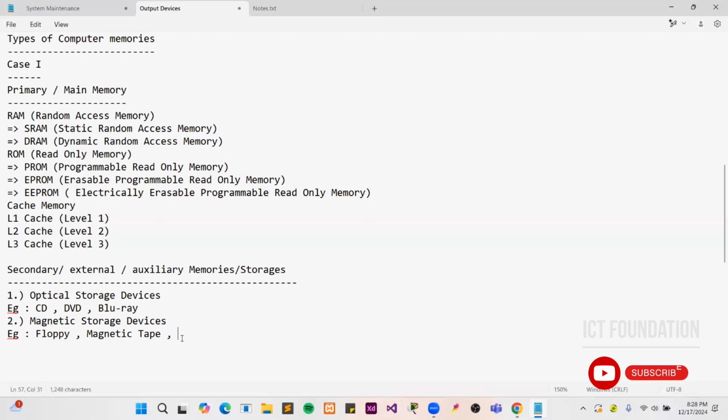Then HDD, hard disk drive. This hard disk drive is called a magnetic hard disk. Nowadays, we are utilizing the hard disk. Hard disk is generally divided into two. The first one is called HDD, hard disk drive, which is a magnetic storage device. Then SSD, solid state drive.